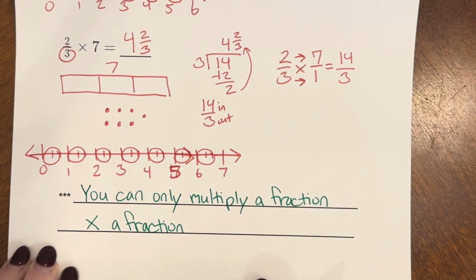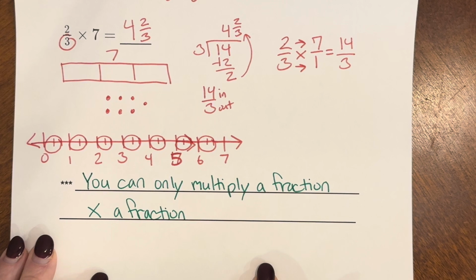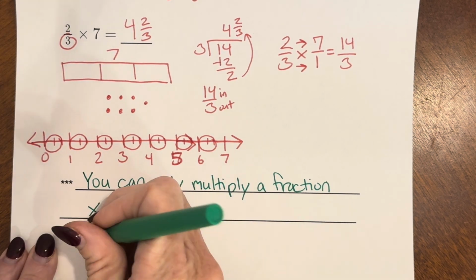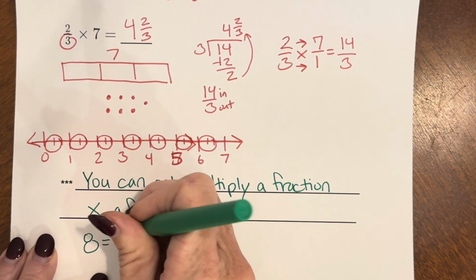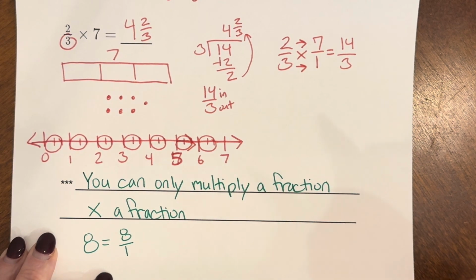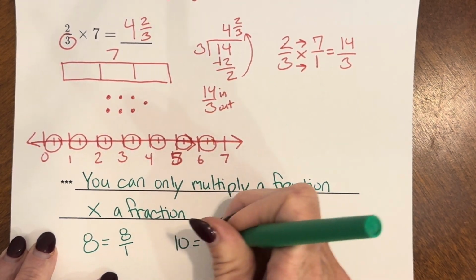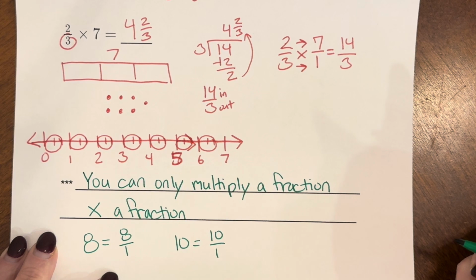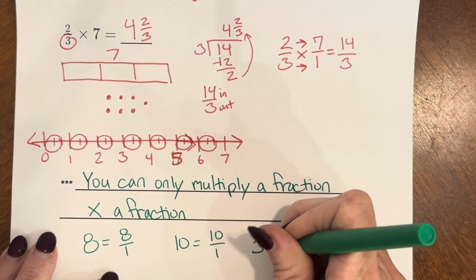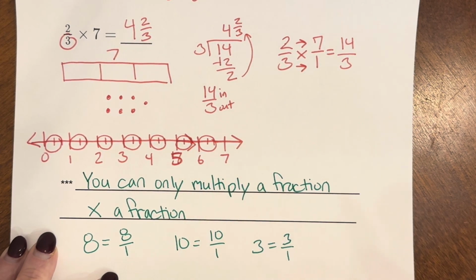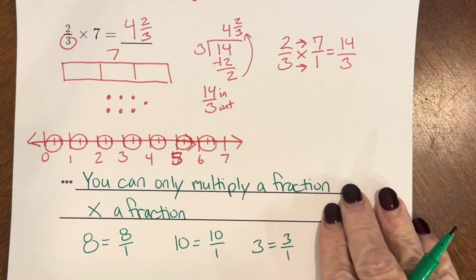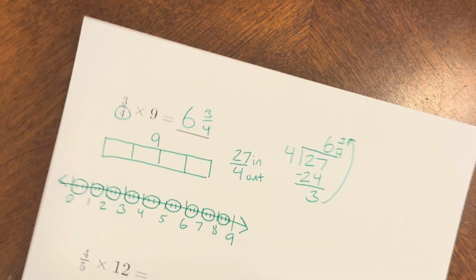So I can't have a mixed number or a whole number. So if I have a number like 8, 8 is the same as 8 over 1. If I have 10, 10 is the same as 10 over 1. If I have 3, 3 is the same as 3 over 1. So I can only multiply a fraction times a fraction. Okay, so let's go back and fix these ones then.